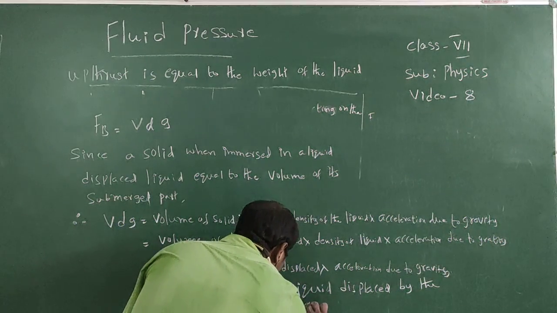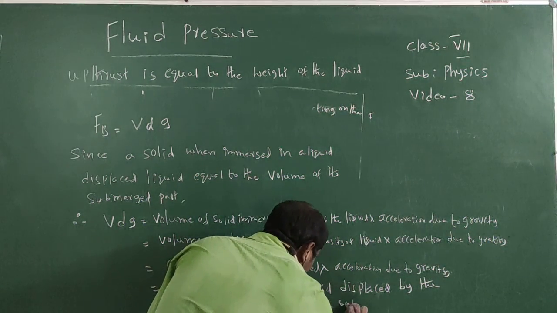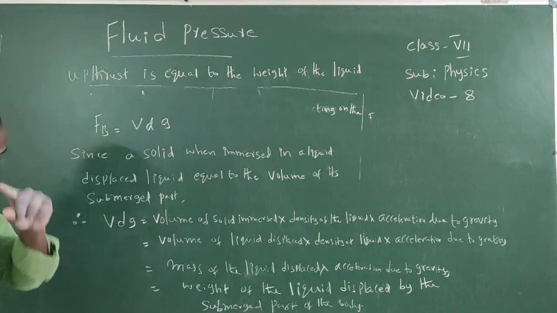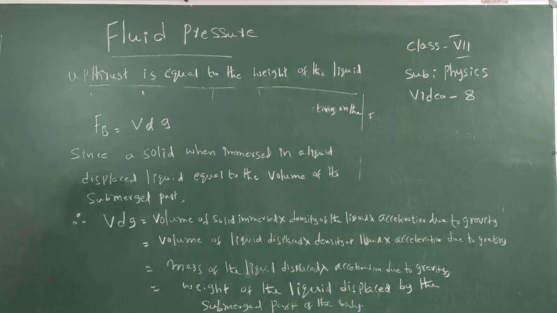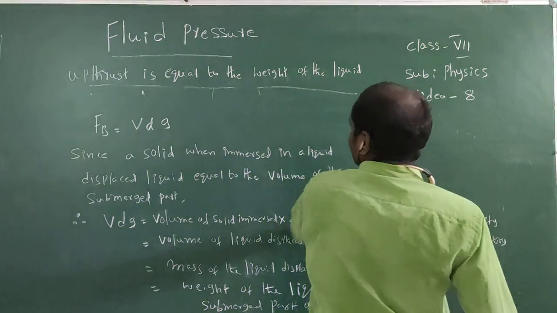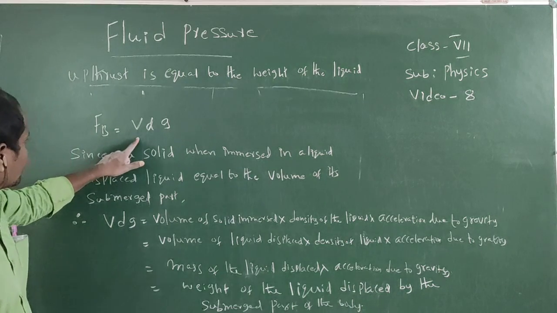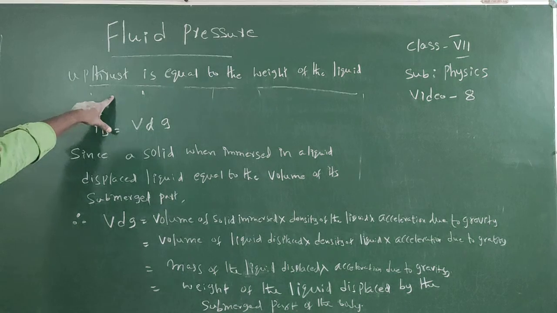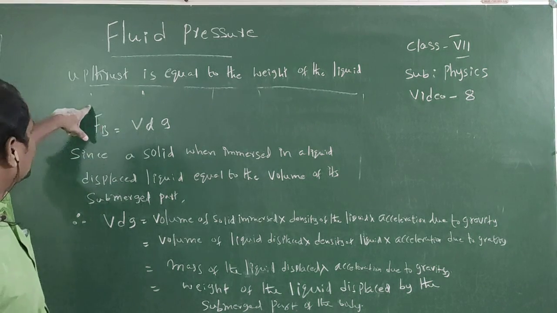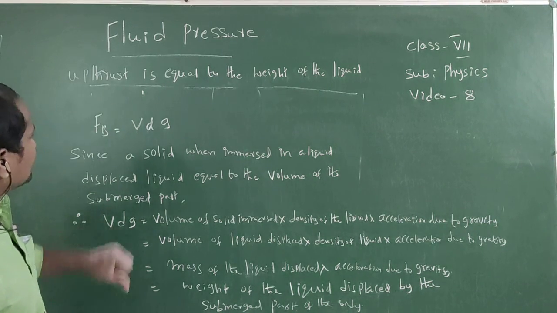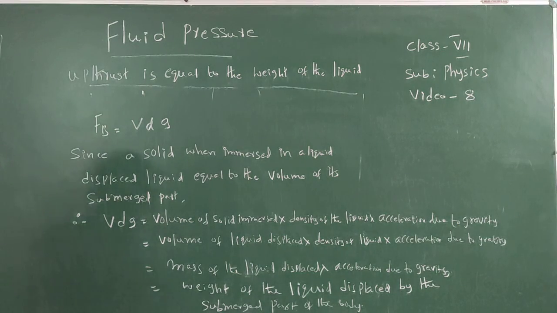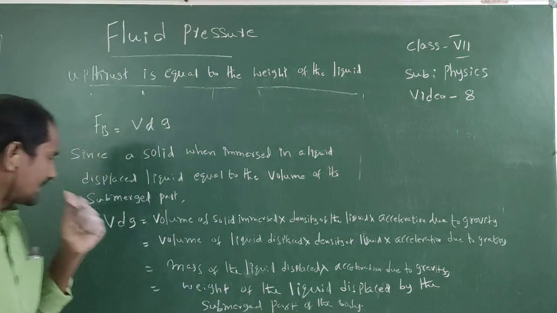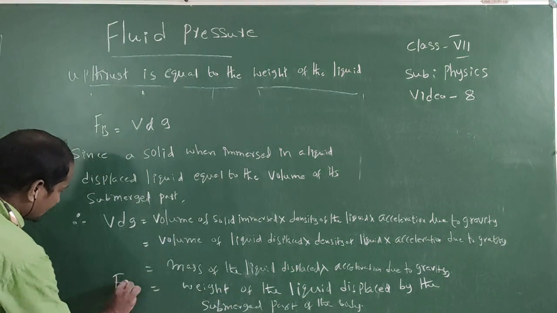Listen here. FB, the upthrust, is equal to the weight of the liquid displaced. That is the proof: to prove that the upthrust is equal to the weight of the liquid displaced. So it is the weight of the liquid displaced by the submerged part of the body. So it is FB.